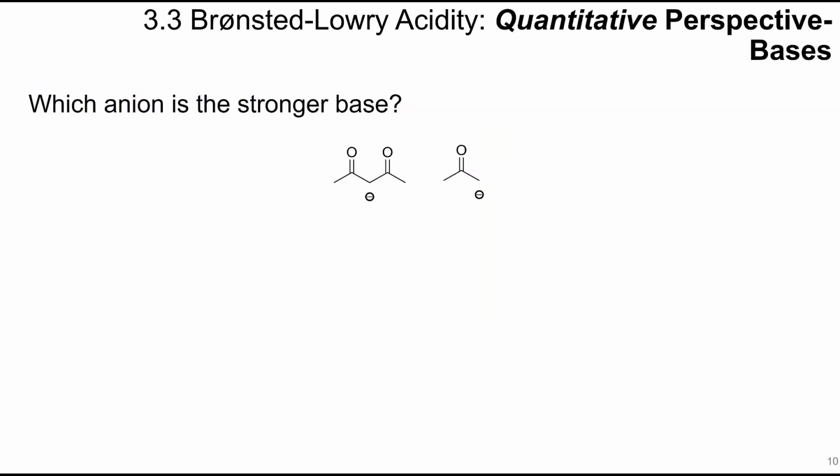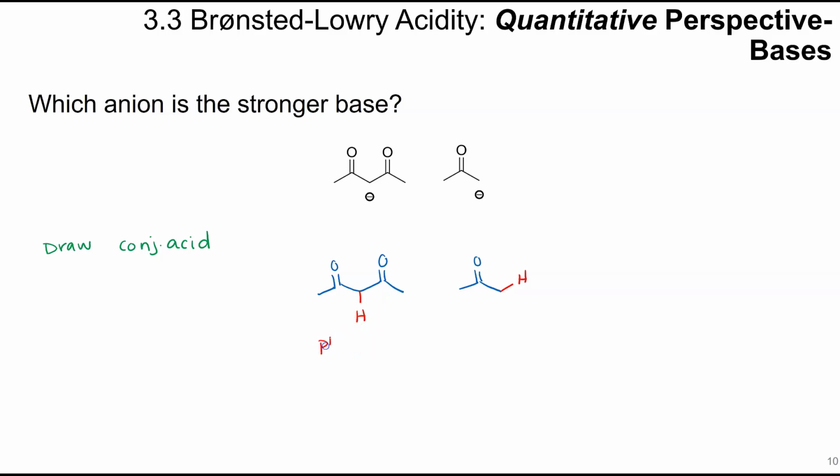What you can do is first draw the conjugate acid of each base. So this is the conjugate acid. Then you can compare the pKa values. This is the one that we just looked at in the last slide.